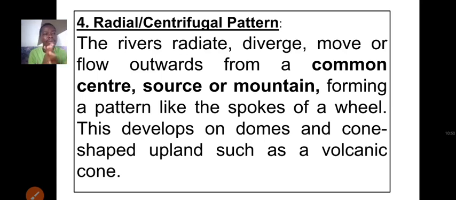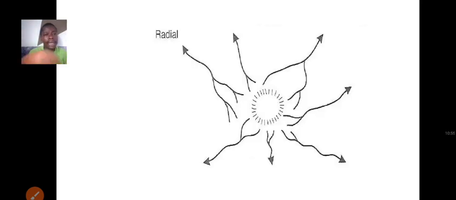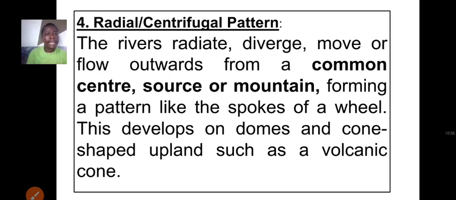I'll show you the image so you know how it is. So this is the radial pattern. This develops on domes and cone-shaped uplands such as a volcanic cone. When we have a volcanic cone or mountain and a river source there, different rivers may flow from that place and move in different directions.